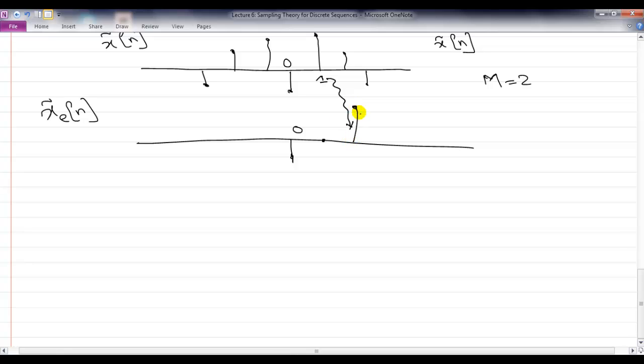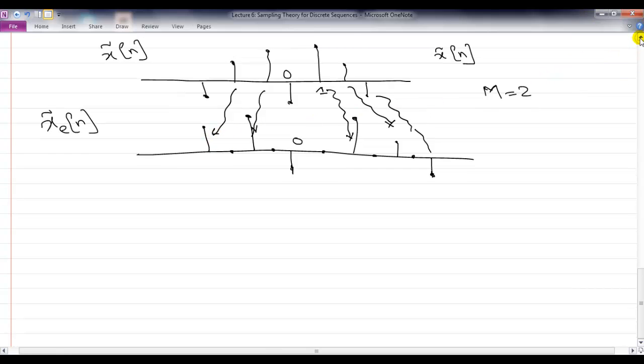So this will come here. And then I will put a 0 again, and the next sample will go after that. Then I'll put a 0 again, and the next sample will go after that. And similarly, there will be a 0, and then this next sample will come in. 0, and this will go.